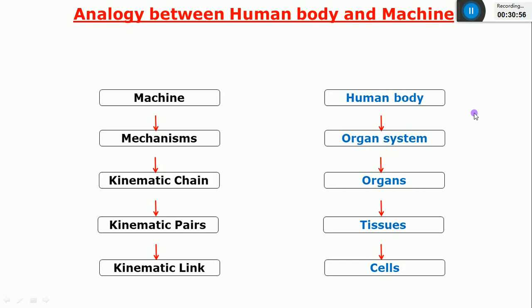The remaining modules are problem-based. The second module is velocity and acceleration analysis by the graphical or instantaneous method. The third module is the analytical method. Cams is again a drawing unit, and the last one is gear train. Except for the first module, the remaining modules are problematic and graphical.